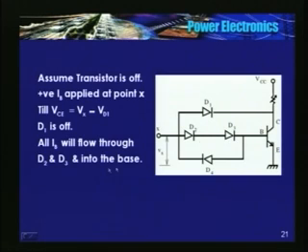Say, second case, the load has varied. Invariably the base drive circuit is designed in such a way that it supplies the required current for full load, and the load that the transistor was supplying has reduced. In other words, IC has come down. Now, if I supply the same IB, the transistor will go into saturation mode.